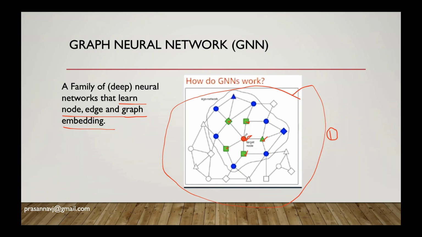Is it clear? So the embedding of the nodes connected to the center node is utilized to update the vector of the central node. That is on the first round.